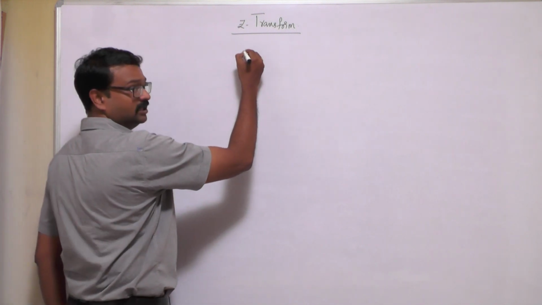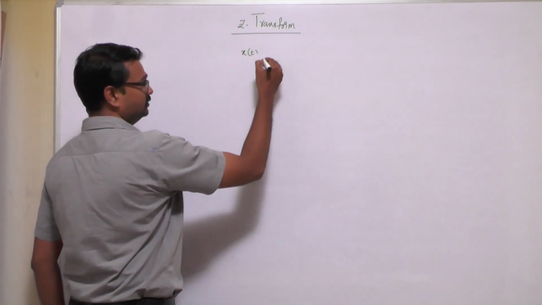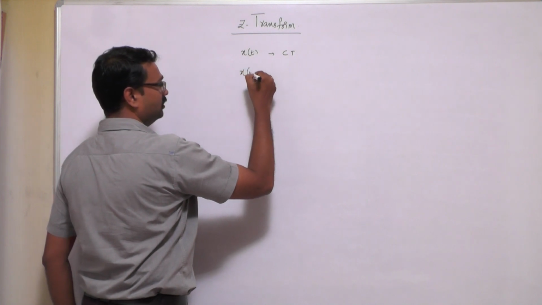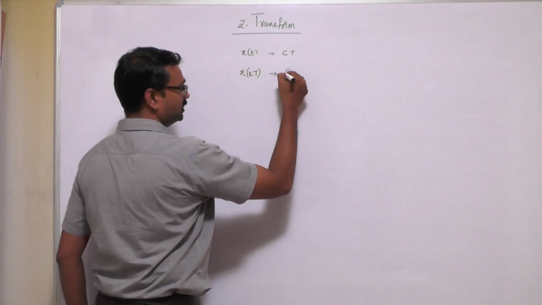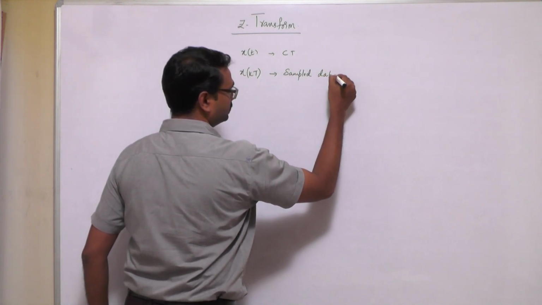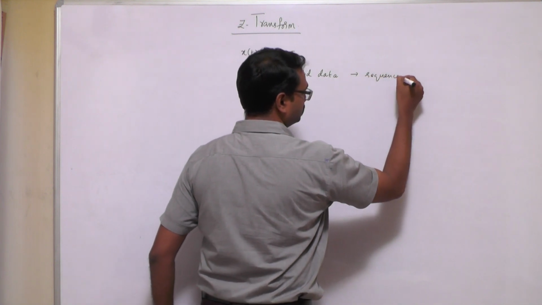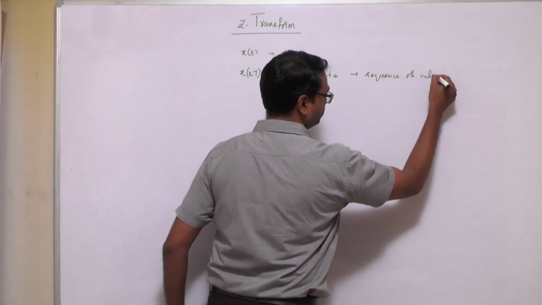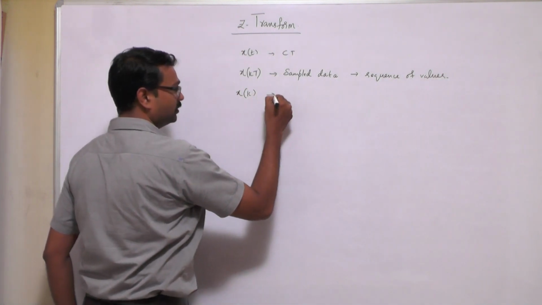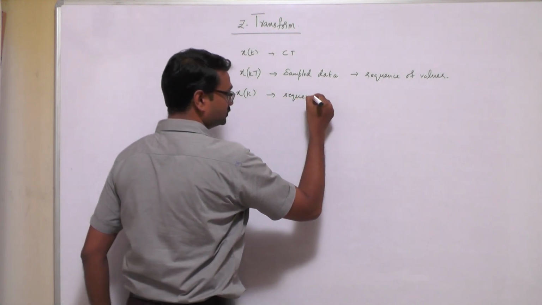Z transforms can be applied on x of t, if it is a continuous time system, and on x of kt, which is a sampled data system that has a sequence of values at discrete instances of time. Z transforms can also be applied on x of k, which is a sequence of numbers.